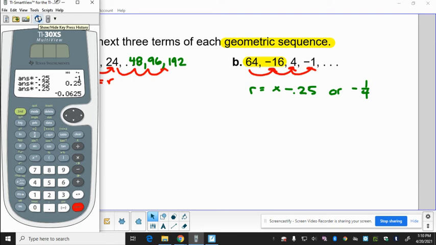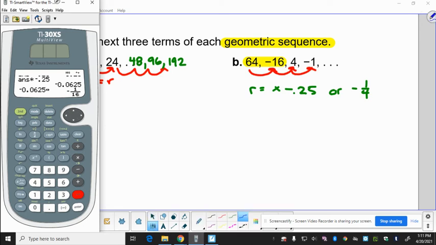Now, I could change all of those to fractions. So 0.25, or you could write these as decimals. But 0.25 is 1/4. Then you have negative 1/16. So we just got to take our time here.